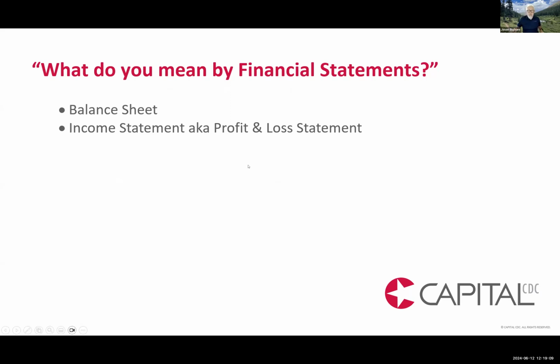What are financial statements? As you continue in your development and career as a small business owner, you're going to want to know a little bit more about accounting. If you already have some background in accounting, that's going to be a big advantage for you. But it's not hard to get up to speed.